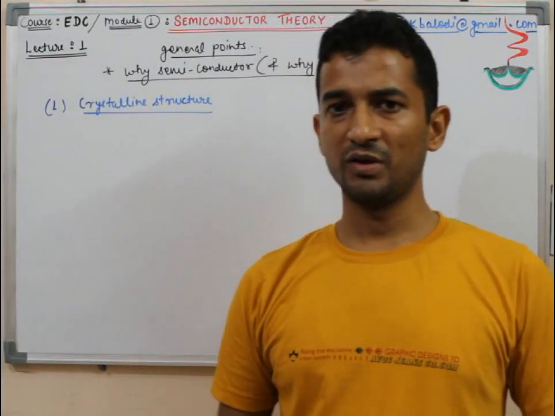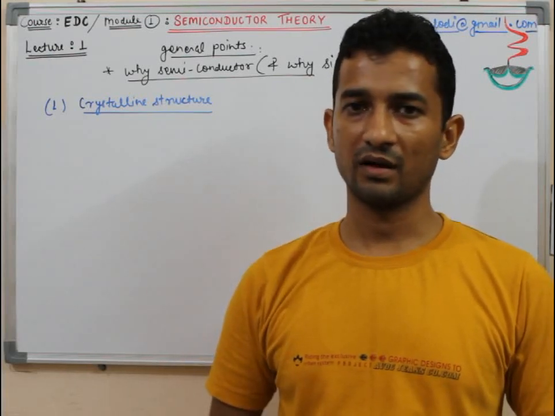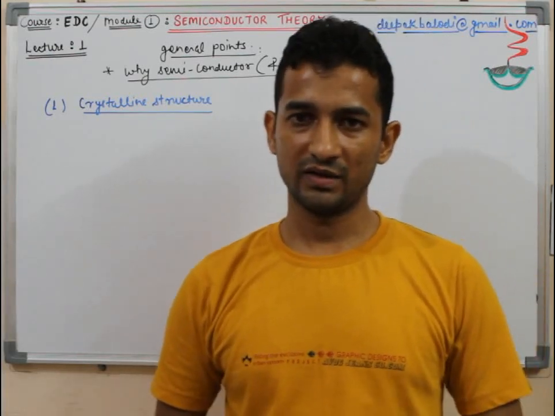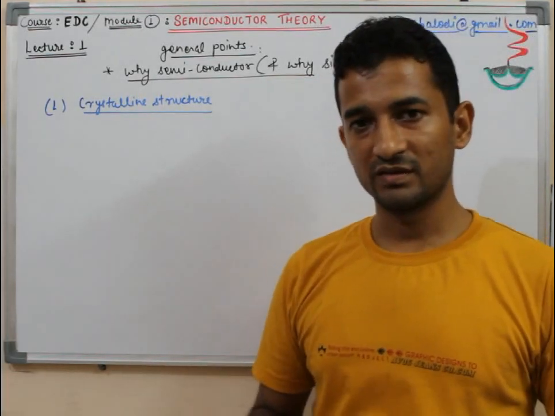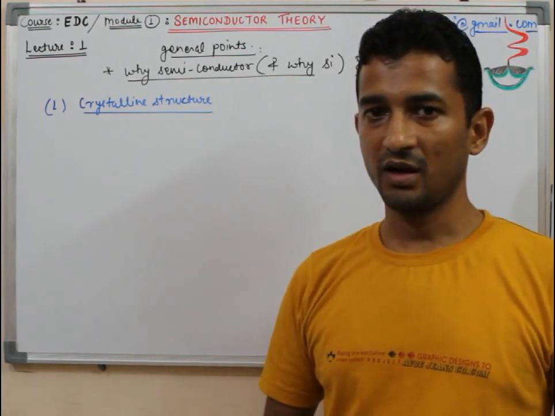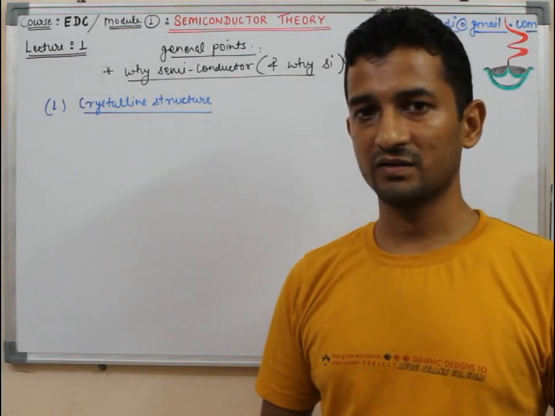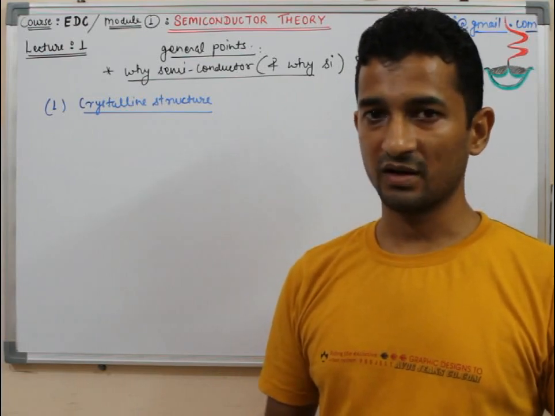We do not go much below, because then the elements become heavier and they are not very well suitable for the IC technology. So for silicon and germanium in the fourth column, we can see that if they are properly processed, then a very well crystalline structure could be obtained, or they form a very well defined crystal.